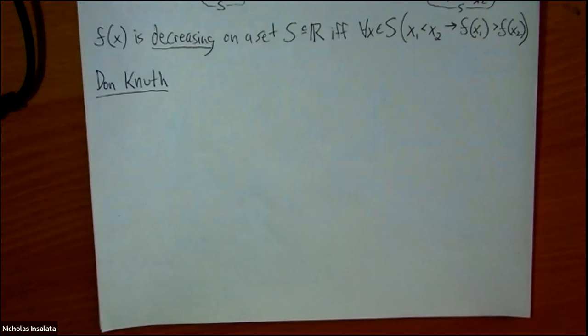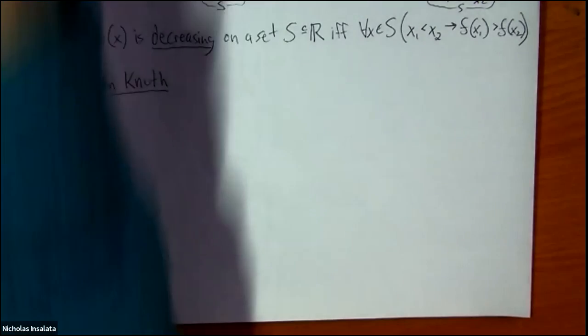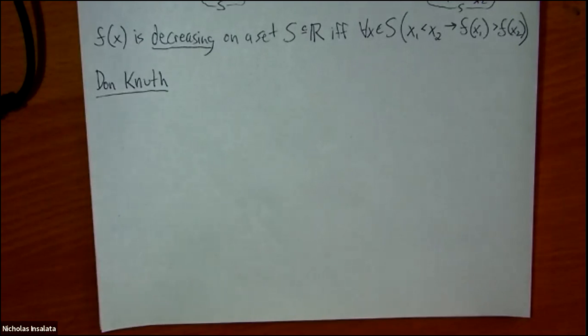You're saying, I know this function's getting bigger, but it's never going to get bigger that fast, and then say how fast that is. Or, I know this function is getting bigger, but it's never going to get bigger this slowly, and then describe how slowly that is. So here's the idea.